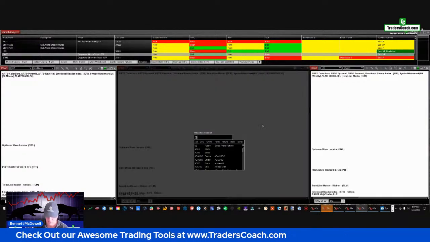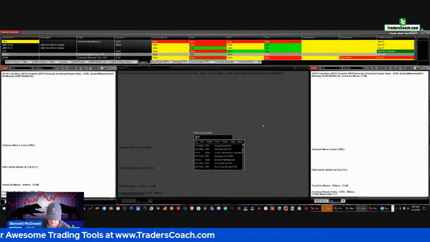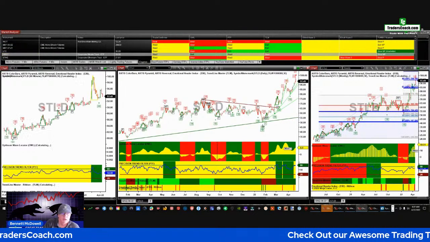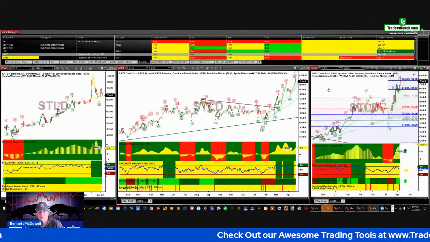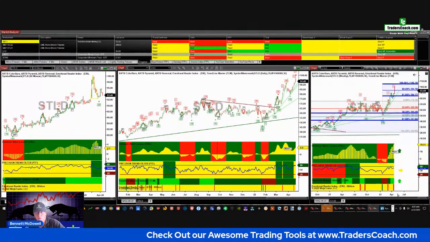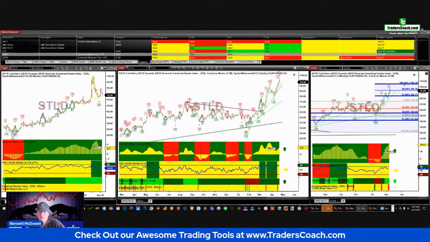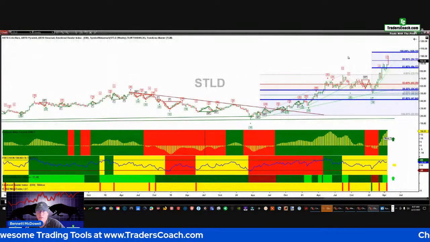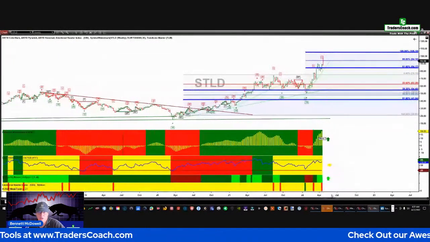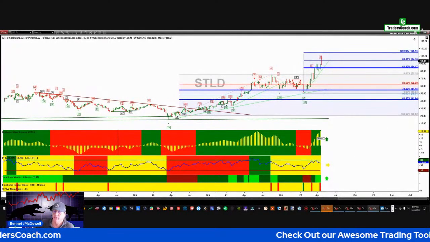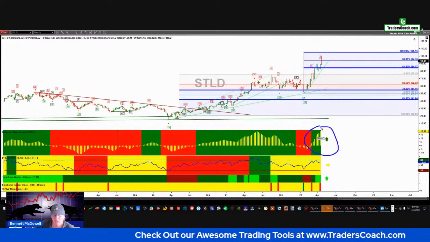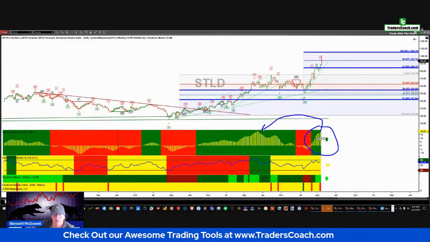STLD. All right, let's take a look at this one. As you can see, we've looked at this one before and it was marching on up, but now it's in the target zone. Let's open up this chart real quickly. What's interesting about this is notice now that this owl has gone above the previous one.